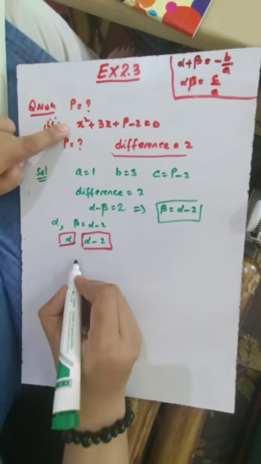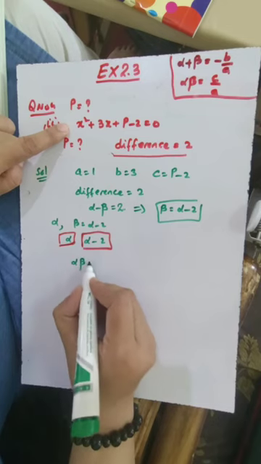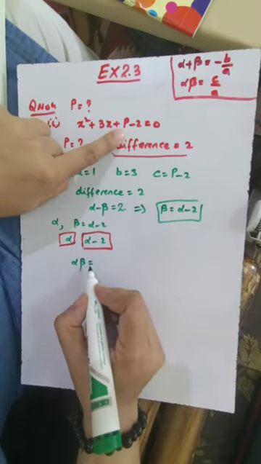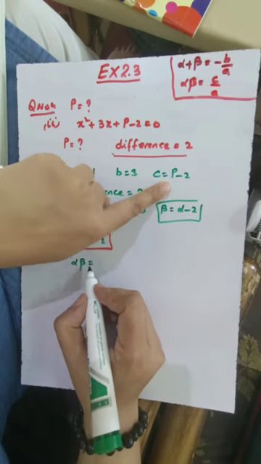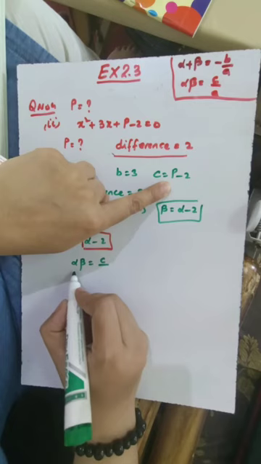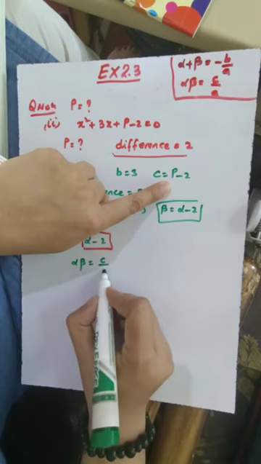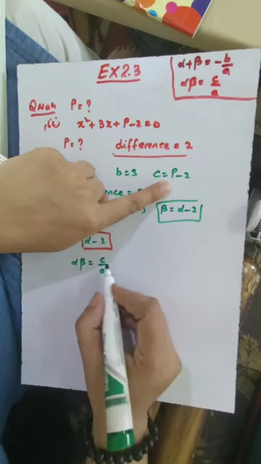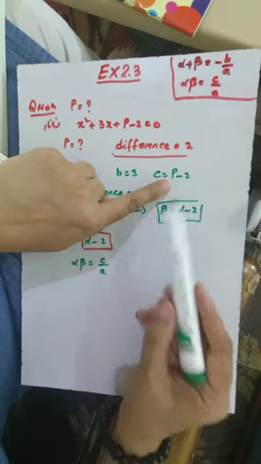But first let me write the product, because it will involve c, and c over here involves p, so we are concentrating on p. So I'm going to write the relation between the product and the coefficients of the quadratic expression, because then we will get p from here.